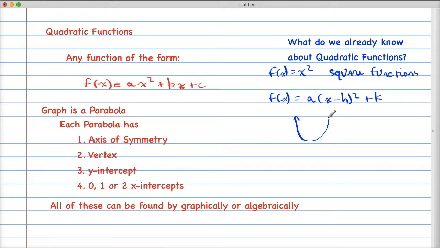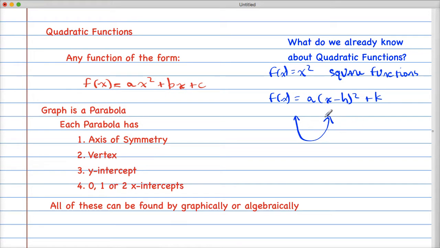And we've already talked about how we can take a basic parabola and move it around, flip it around. A tells us if it's opening up or down, if it's wider or skinnier. H tells us if it's moved left or right, and K tells us if it's moved up or down. So we've already talked about and played with all these different functions and different transformations.